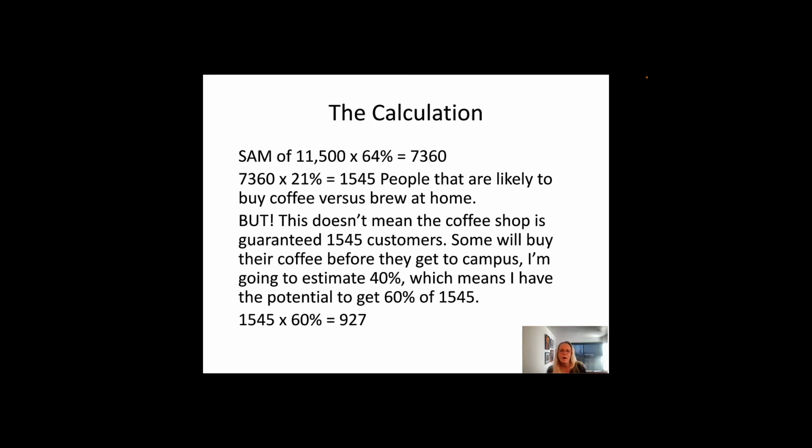That doesn't mean the coffee shop on campus is guaranteed 1,545 customers. Some are going to buy before they get to campus. Okay, so let's estimate that number at 40%, which means that I have the potential to get 60% of that 1,545. Now, please note that 40% that I threw out there, that's an educated guess.